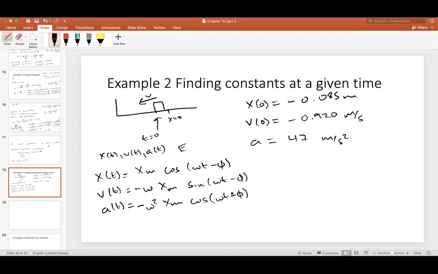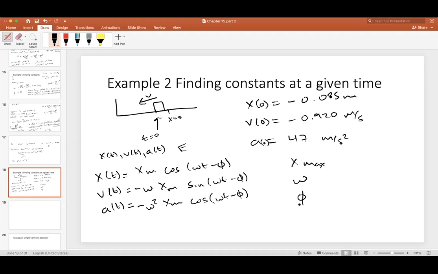Right? Cool. So how does knowing the displacement, velocity, or acceleration at time zero help us determine what these equations actually are, what the constants are? We need to find x max, we need to find omega, we need to find phi.